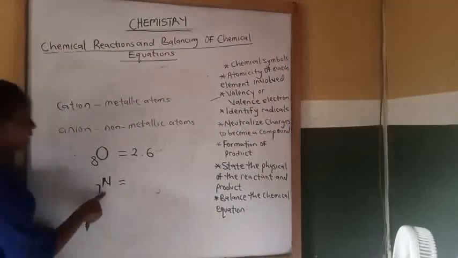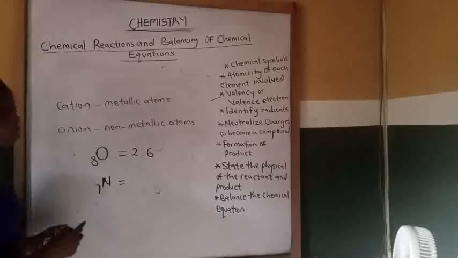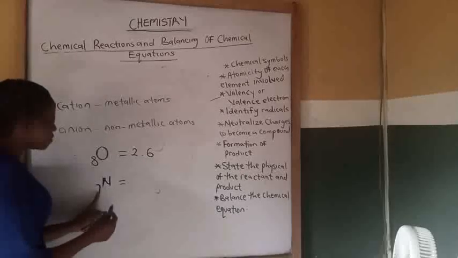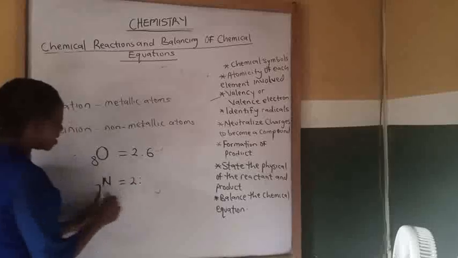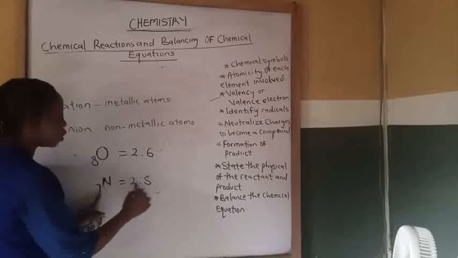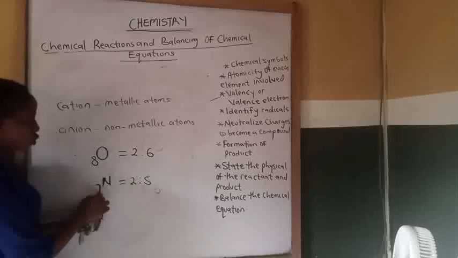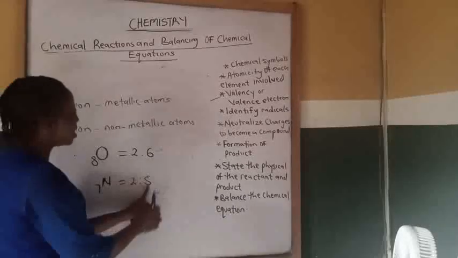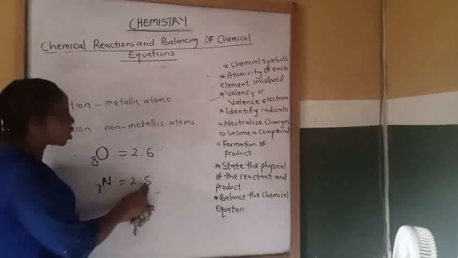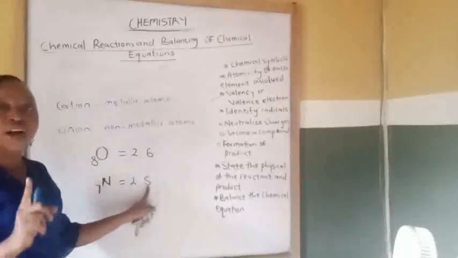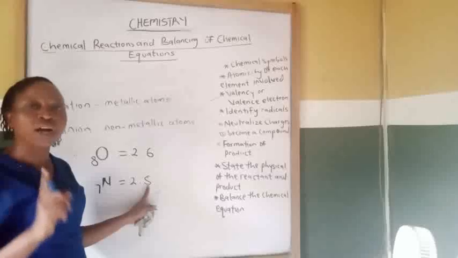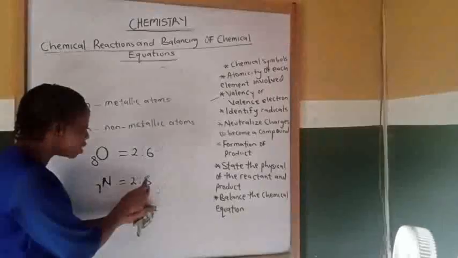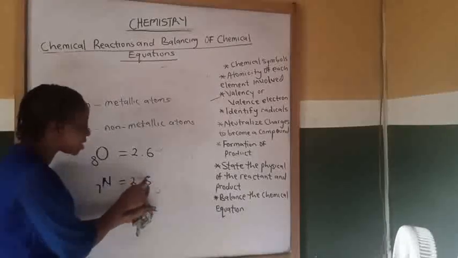Let's write the electronic configuration of nitrogen in ratio form. Out of 7 electrons, the first shell will take 2, then the second shell will take 5. 2 plus 5 equals 7. The second shell is supposed to carry a maximum of 8 electrons, so it needs 3 to balance that 8.